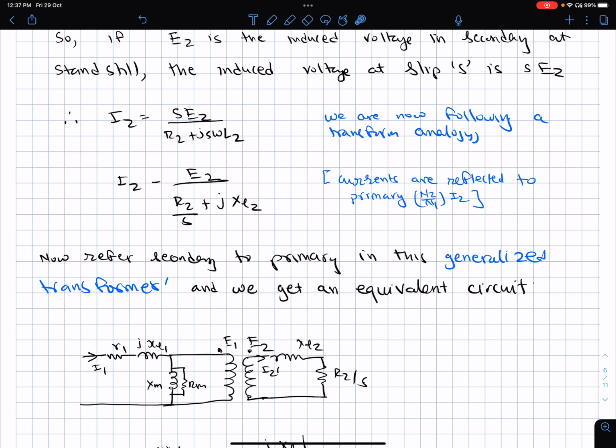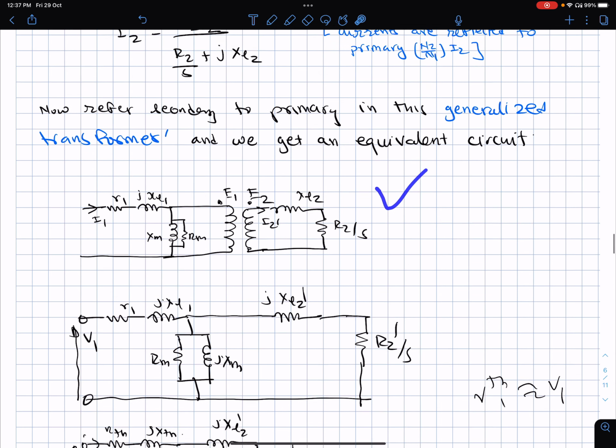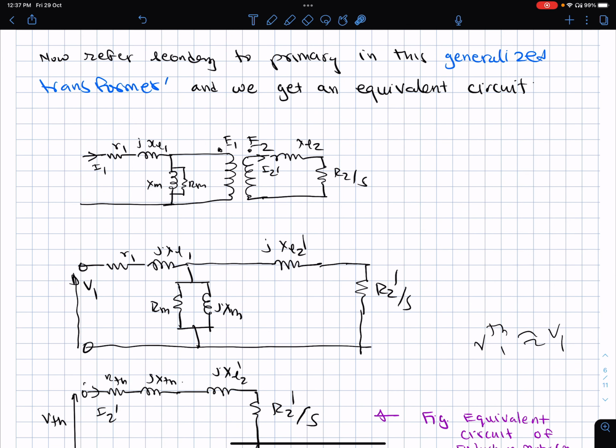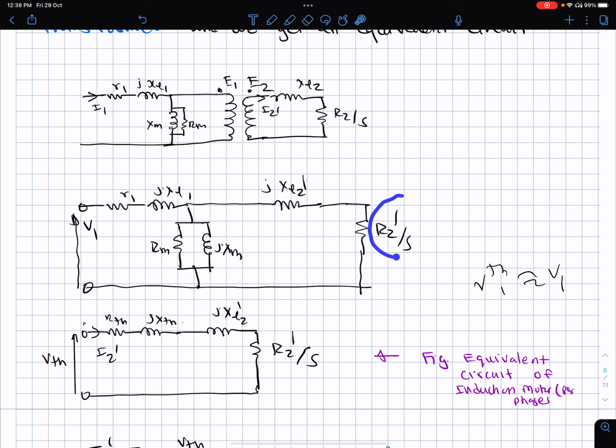Everything dash means referred to the primary, and when they are referred to the primary, the currents are now again at fundamental frequency, and our equivalent circuit of the transformer is still applicable, on a per phase basis, but with resistance replaced by R2 dash by S, where S is the slip associated with the rotation. So the rotational aspect has indeed come into the equivalent circuit.